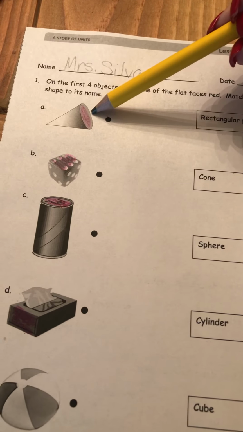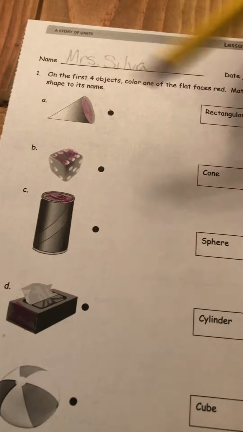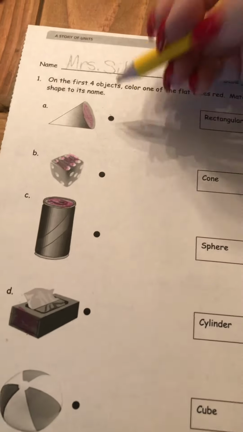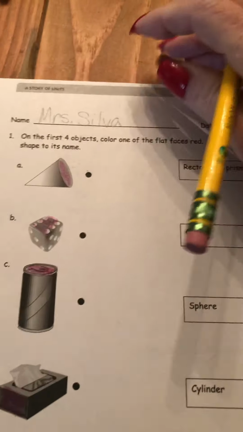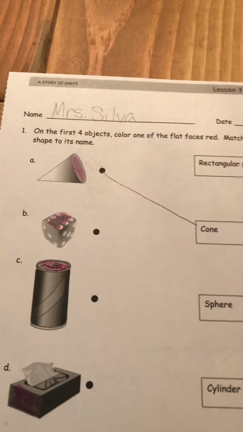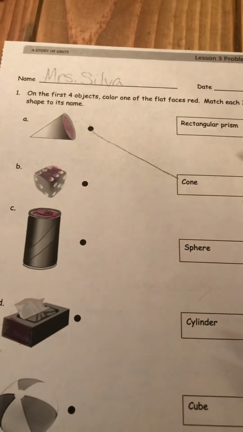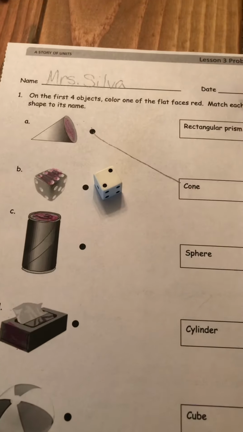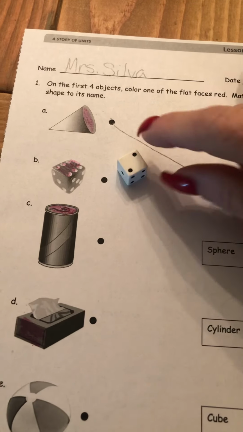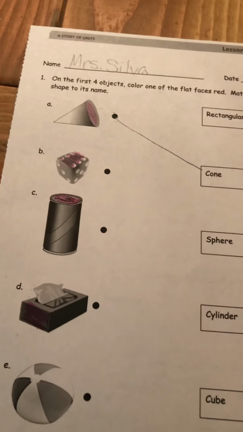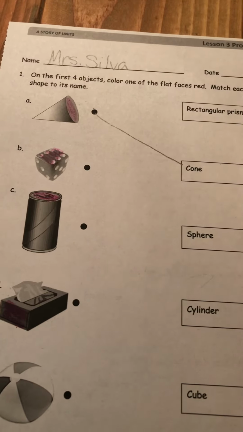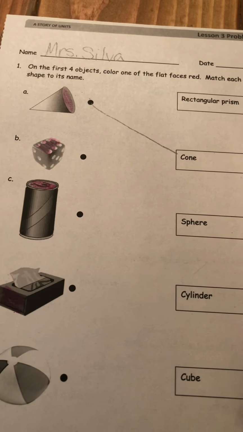We discussed that this is the word cone, so we need to draw a line from cone to the word cone. That is a cube. It's a square on one face. It's a cube. So we need to read it: rectangular prism, sphere, cylinder, cube.